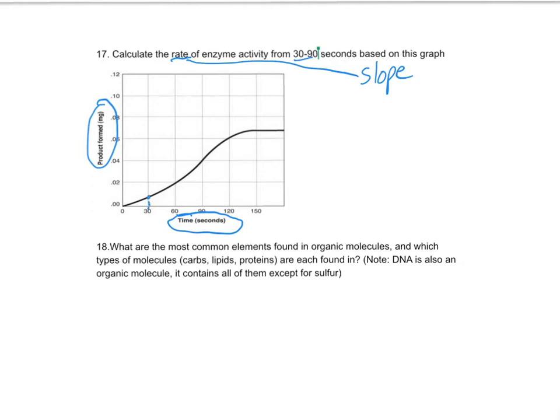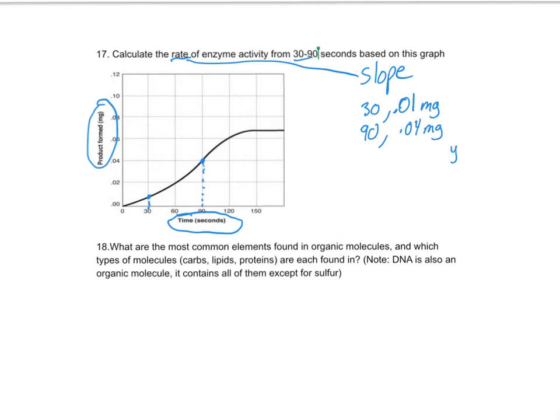So at 30 seconds, it looks like I'm at about, let's say, 0.01 milligrams of product, and at 90 seconds I'm at 0.04 milligrams of product.